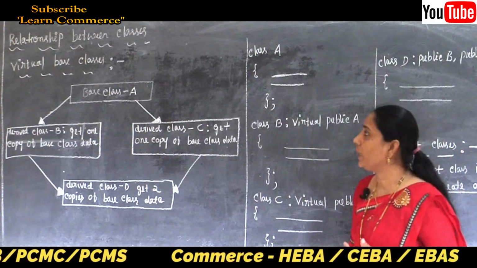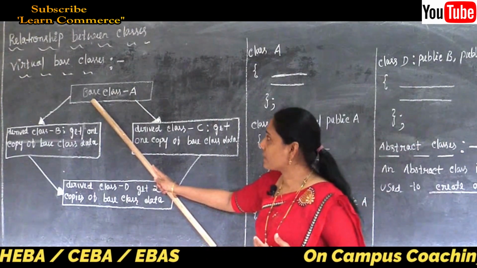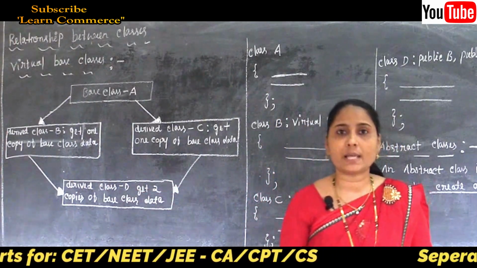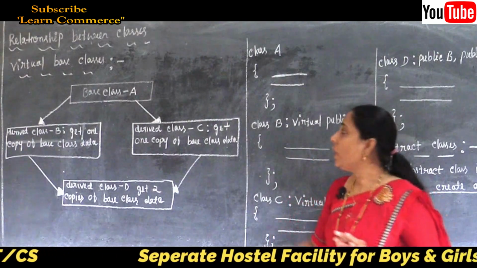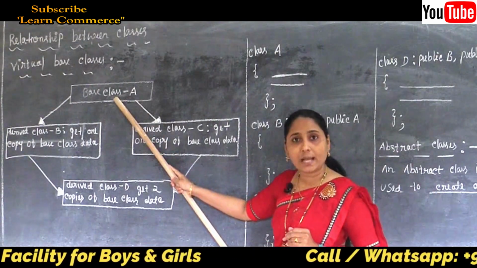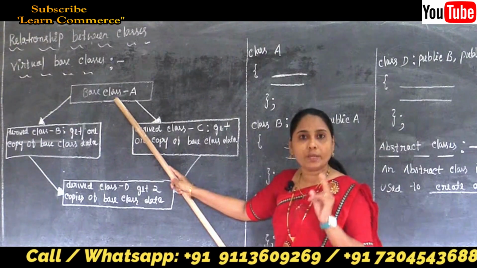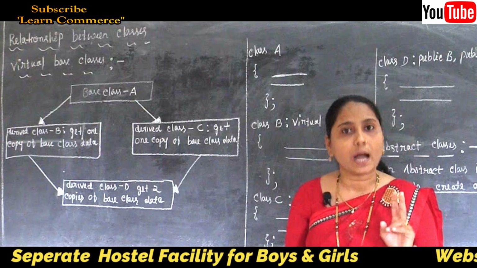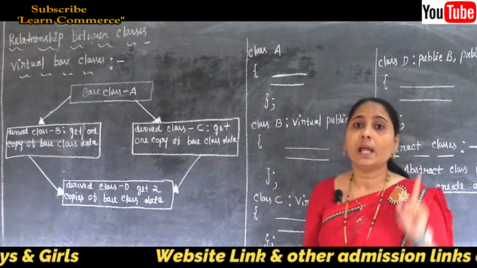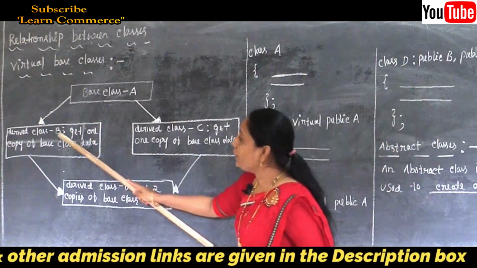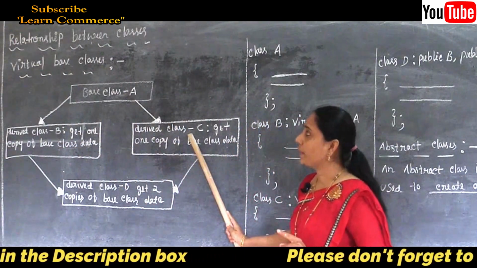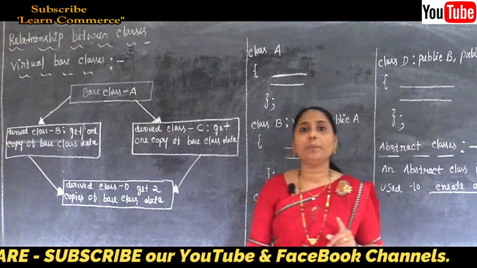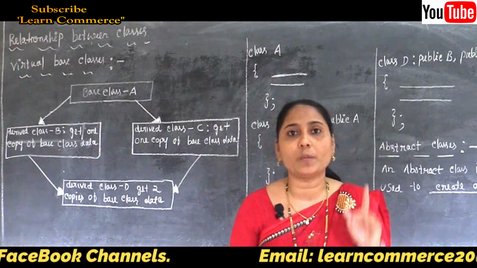In this example I just want to tell that we have one base class, and using this base class we constructed two derived classes, B and C. Because B and C are constructed using the A class, each gets one copy of the base class data, that means one copy of base class A.